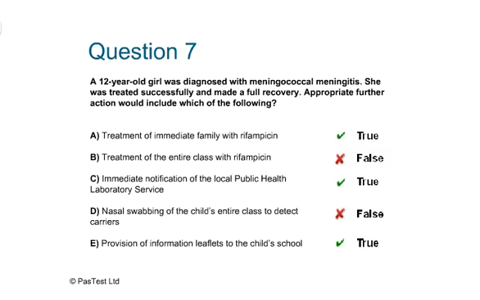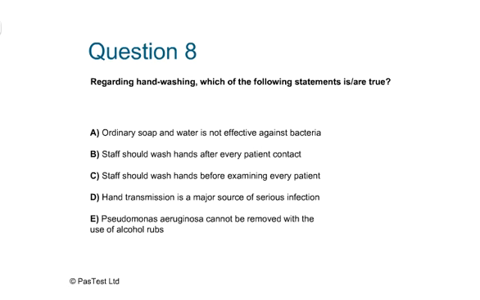And question 8, regarding hand washing. A. Ordinary soap and water is not effective against bacteria. B. Staff should wash hands after every patient contact. C. Staff should wash hands before examining every patient. D. Hand transmission is a major source of serious infection. E. Pseudomonas aeruginosa cannot be removed with the use of alcohol rubs.